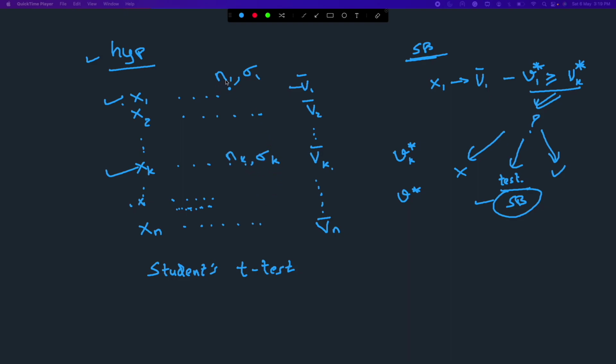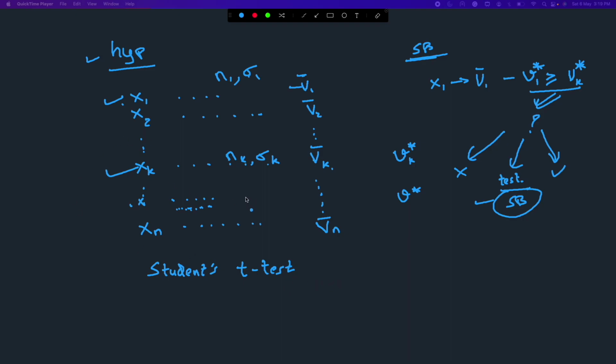So I have three numbers, n1, sigma 1, and v1 bar, and nk, sigma k, and vk bar. Using those 6 numbers, I can calculate the likelihood of this.